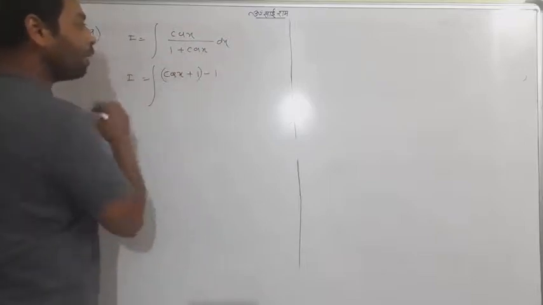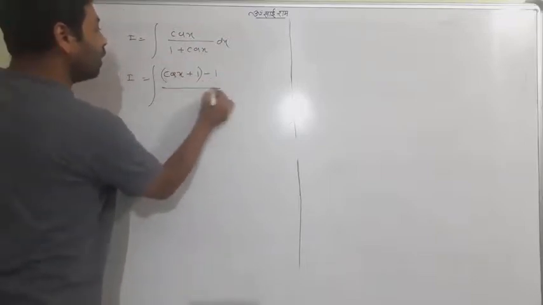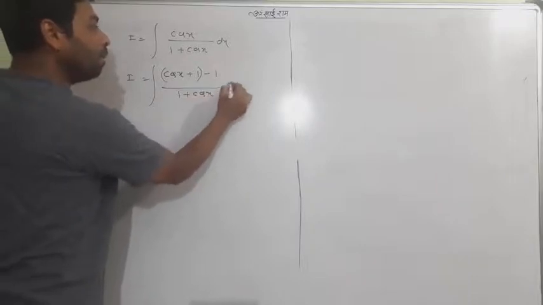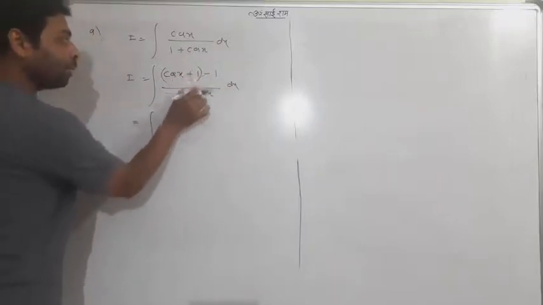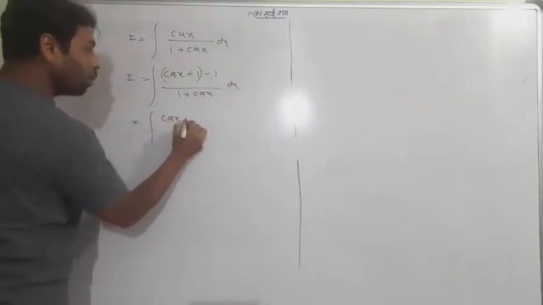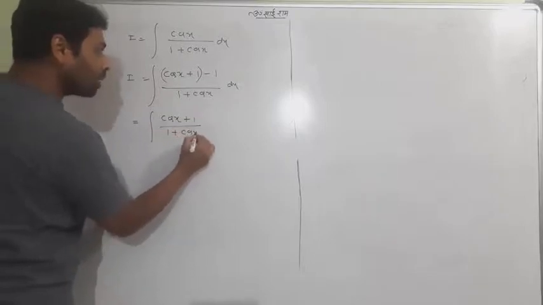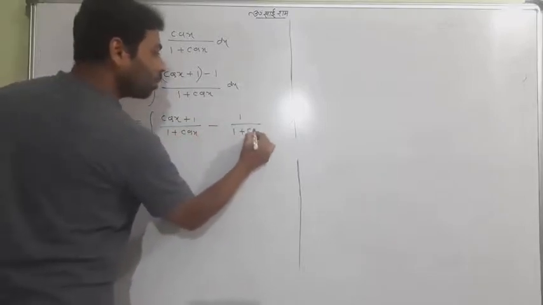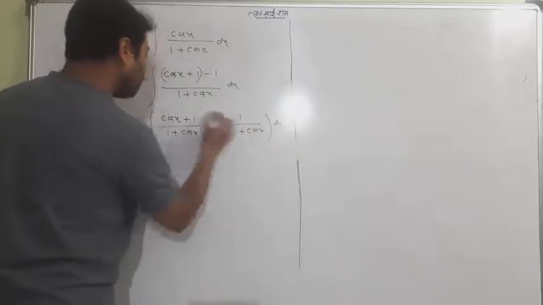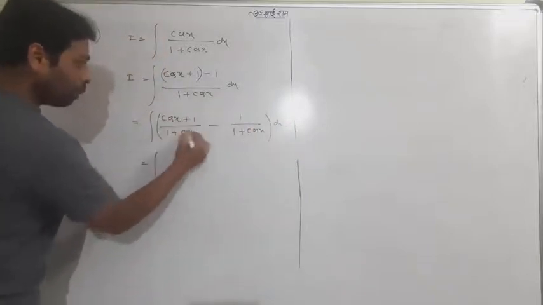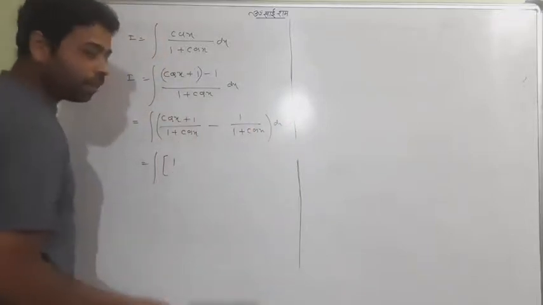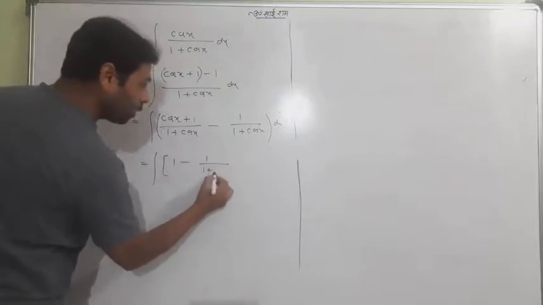So 1 plus cos x, I add 1 and subtract 1, and the denominator is the same, and then I separate the terms: cos x plus 1 upon 1 plus cos x, minus 1 upon 1 plus cos x. This is going to be so easy. Now these two will cancel, and it is 1 there, and minus 1 upon 1 plus cos x dx.